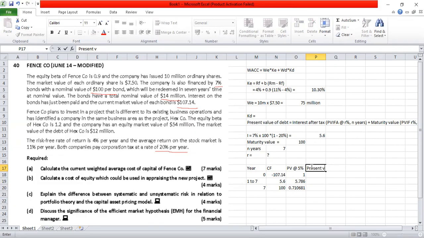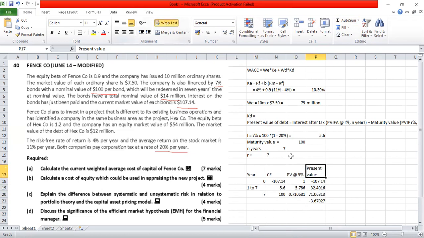Then the present value, multiply this into this, add them up and see, it is a negative figure. We are getting a negative figure, but we should get exactly equal to 0.